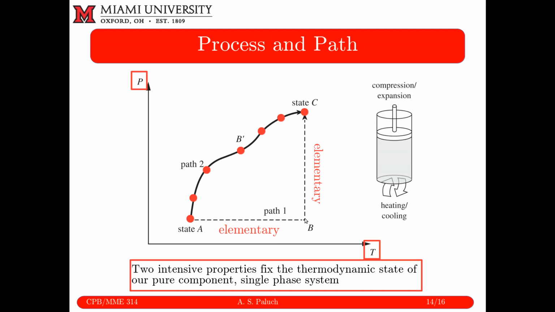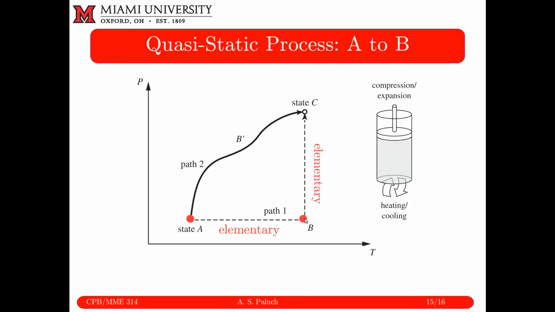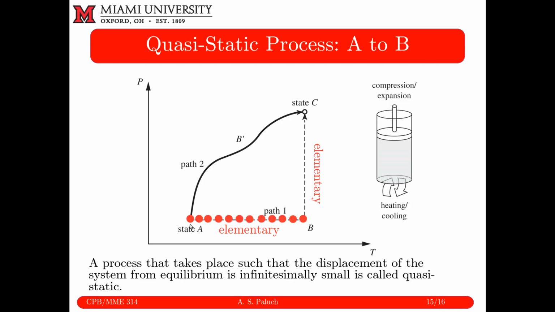So what we're trying to do with this quasi-static process is have the temperature difference between my state and that bath be very, very small. So the idea is that I have some bath whose temperature is T plus some small delta T. I exchange heat with that bath until I reach that new state, and then I increase the temperature of that bath by some T plus delta T, until I reach that new state.